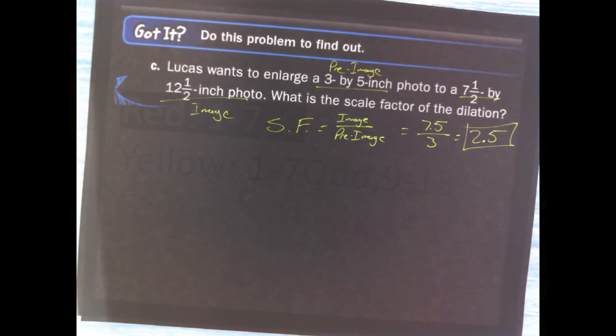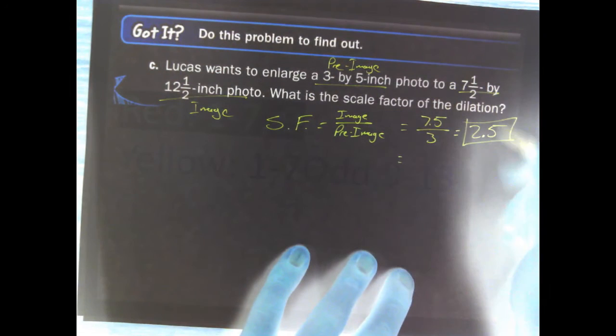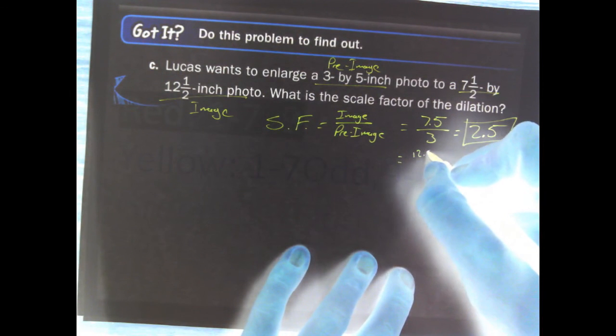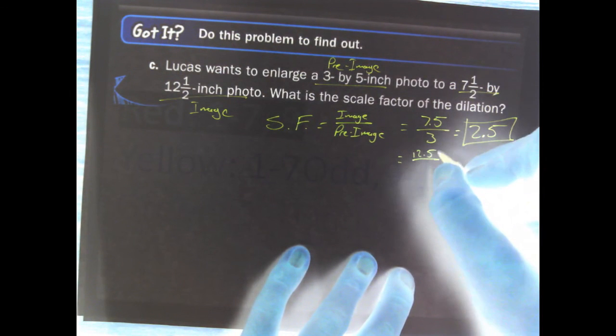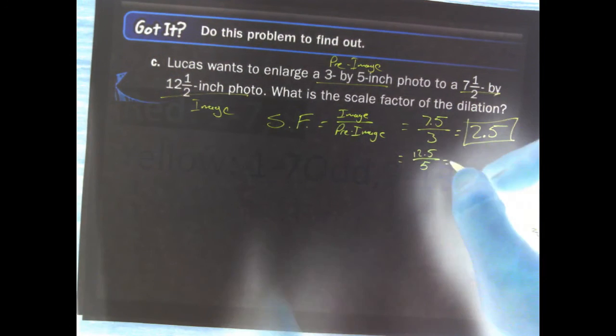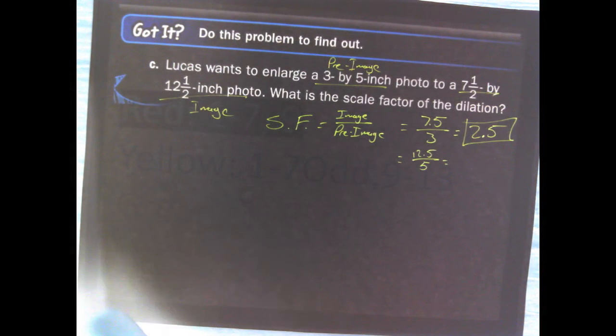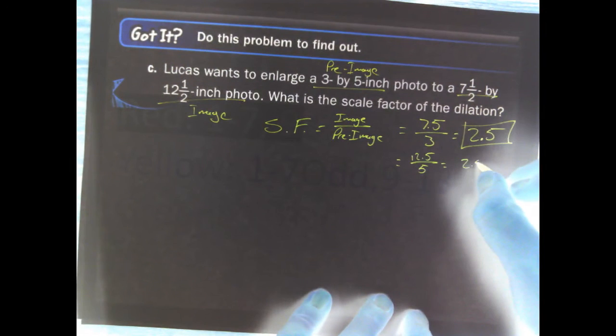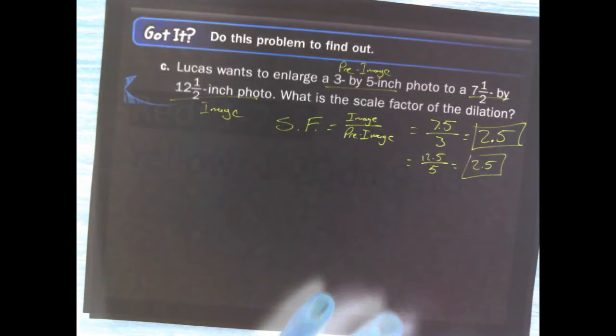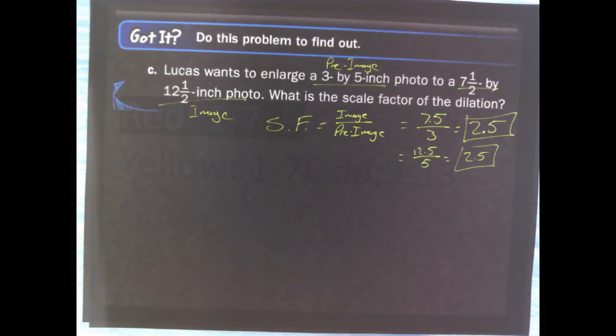Image over pre-image. If you want to check it, you could take 12.5 divided by 5, and you should get the same thing, and you do. So that would be your scale factor. Either way is correct. Like I said, just don't crisscross them.